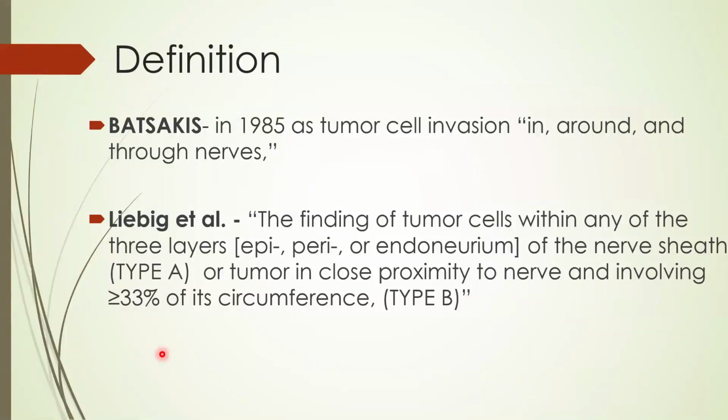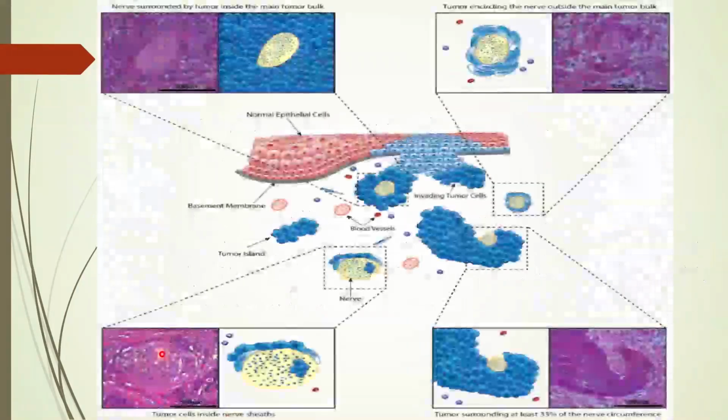He defined it as the finding of tumor cells within any of the three layers of the nerve sheath, that is type A, or if the tumor is in close proximity to the nerve and involving more than 33% of its circumference, that is type B, then it is called perineural invasion. So he divided it into type A and type B, and this definition is most used.